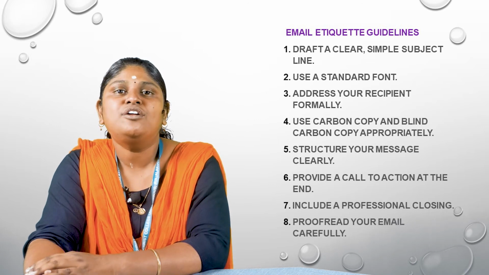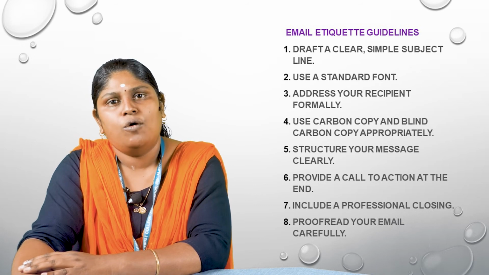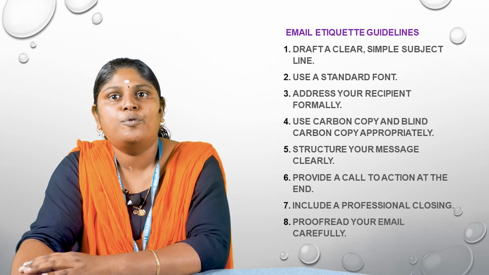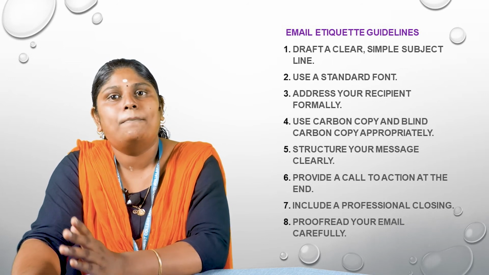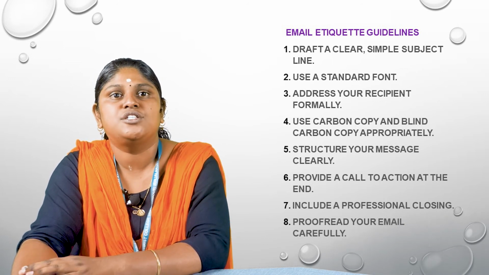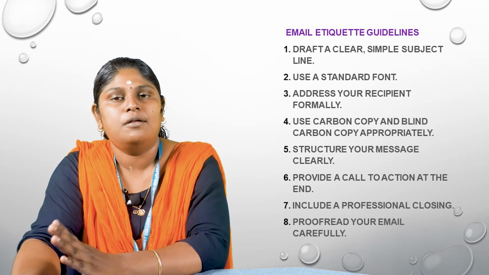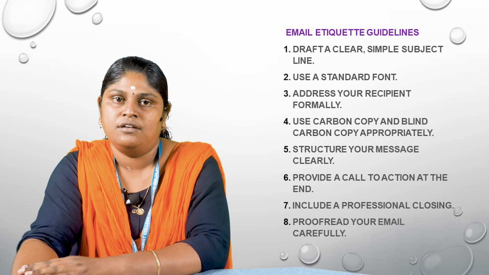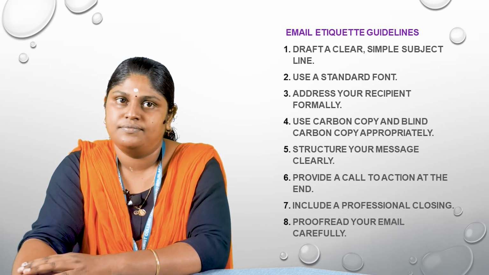Then use carbon copy and blind carbon copy. Use carbon copy or CC for a group of business contacts who know one another, to openly connect each person to the email chain. Then use blind carbon copy or BCC if you are sending your message to a group of people who do not know one another. Okay.